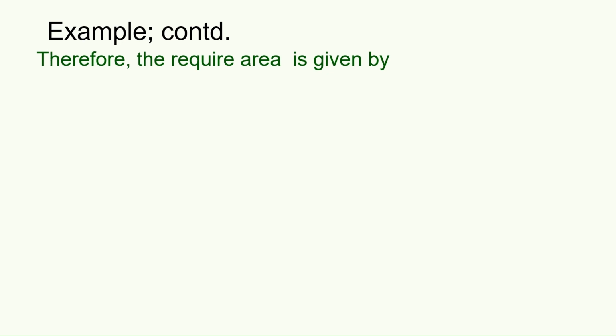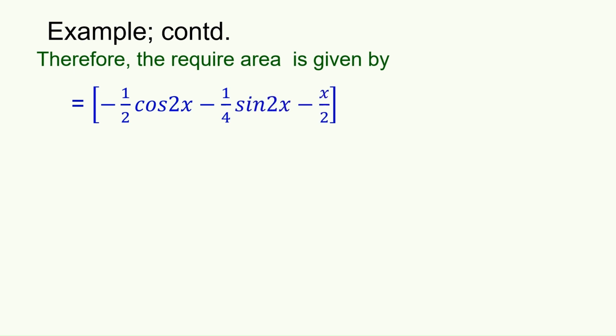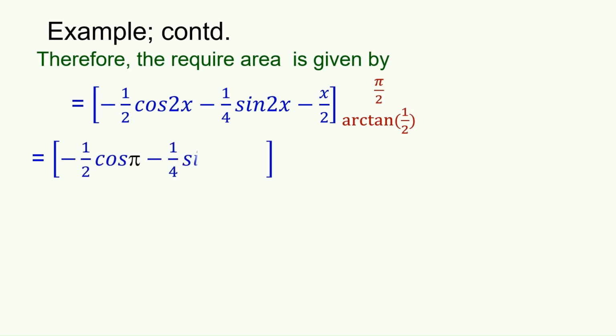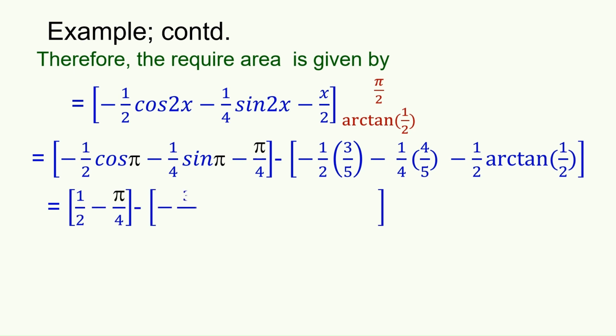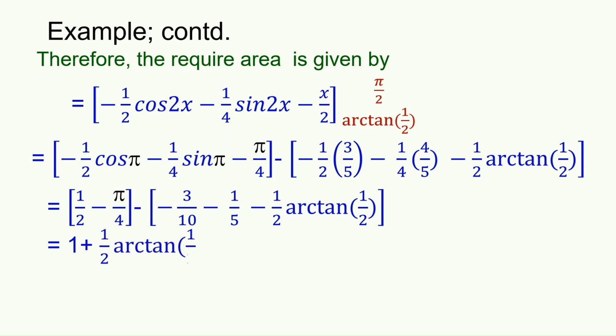Therefore, the required area is given by [minus 1/2 cos 2x minus 1/4 sine 2x minus x divided by 2] evaluated on pi divided by 2 minus on arctan 1/2, equals minus 1/2 cos pi minus 1/4 sine pi minus pi by 4, minus (minus 1/2 times 3 divided by 5 minus 1/4 times 4 divided by 5 minus 1/2 arctan 1 divided by 2), equals 1/2 minus pi divided by 4 plus 3 divided by 10 plus 1 divided by 5 plus 1/2 arctan 1 divided by 2, equals 1 plus 1/2 arctan 1 divided by 2 minus pi divided by 4.